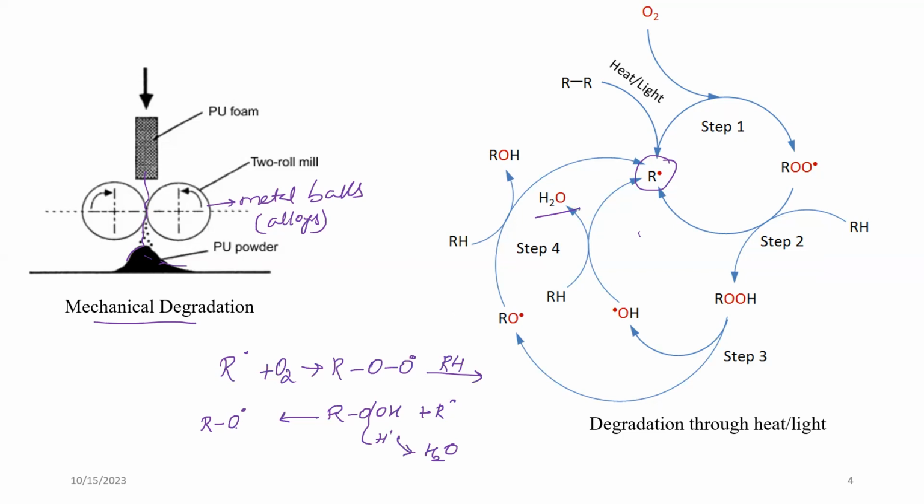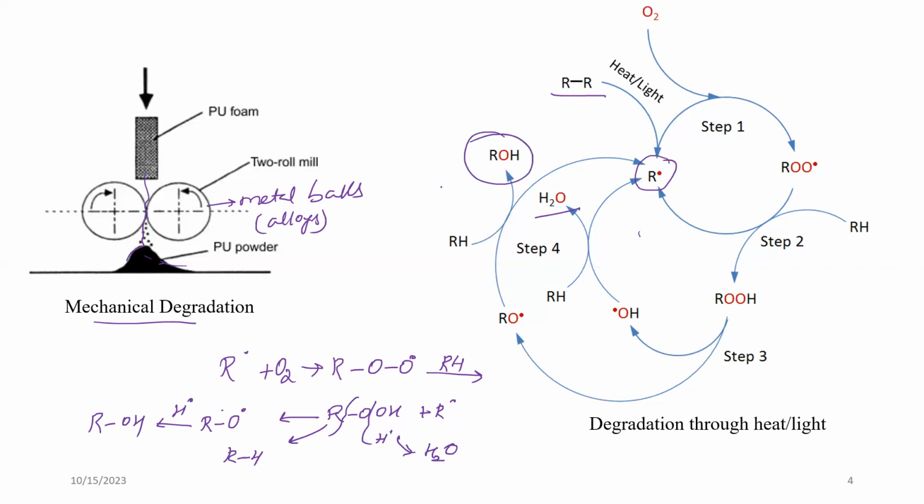This RO dot can also react with H dot, forming alcohol. Some cleavage can happen even at this particular site. You can end with RH. So these are the speculative steps that are proposed once you get the products. The initial reactant is alkane, R-R, alkyl and alkyl group.